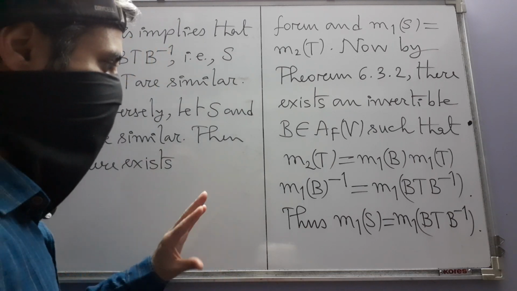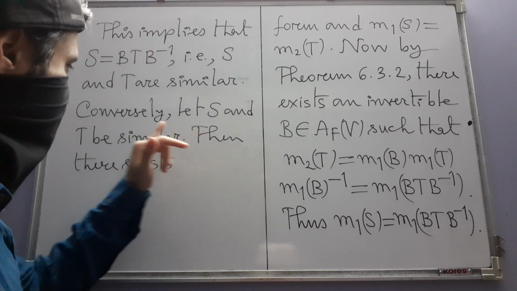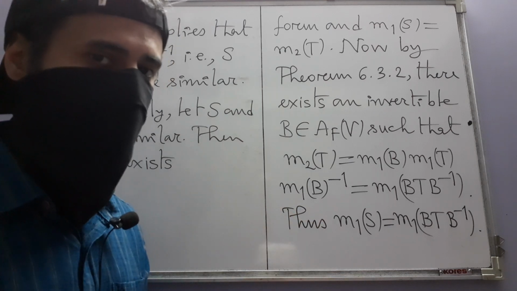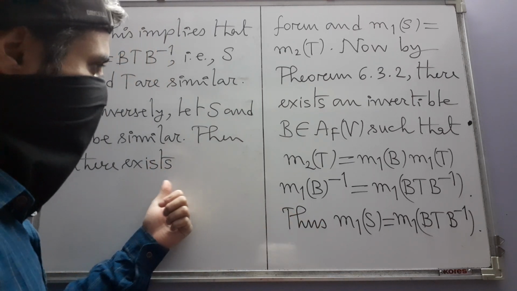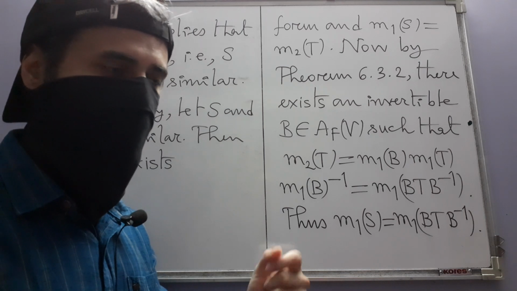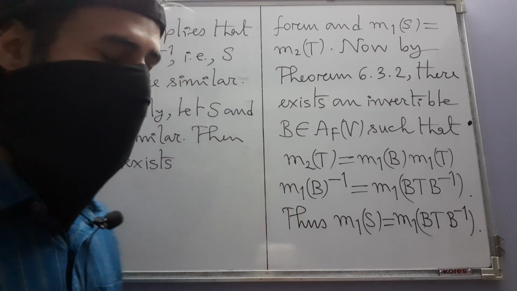Sometimes we may confuse matrices and operators. Here S and T are similar as operators, and that is why the equation for similarity will involve an invertible operator, not a matrix.